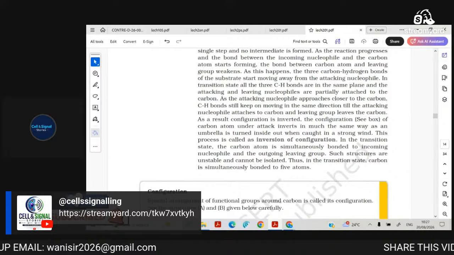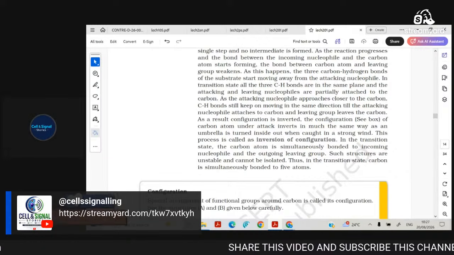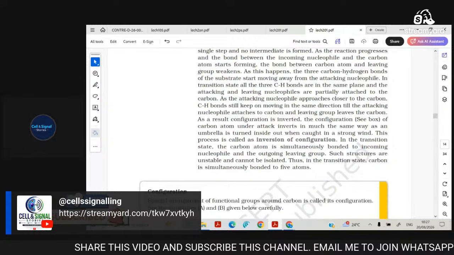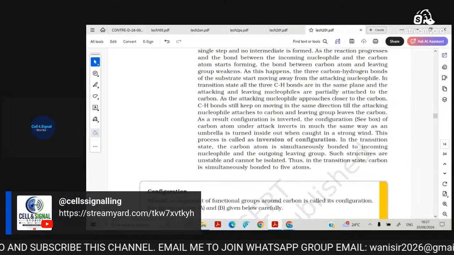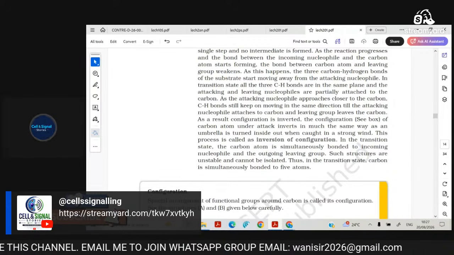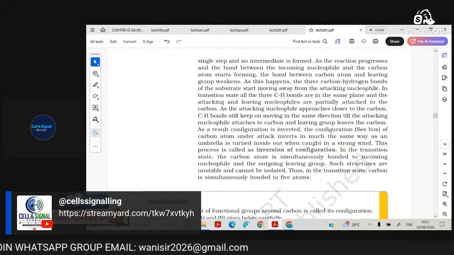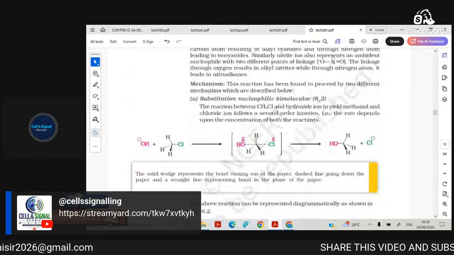As this happens, the three carbon-hydrogen bonds of the substrate start moving away from the attacking nucleophile. There are three carbon-hydrogen bonds, which you can see in this diagram.